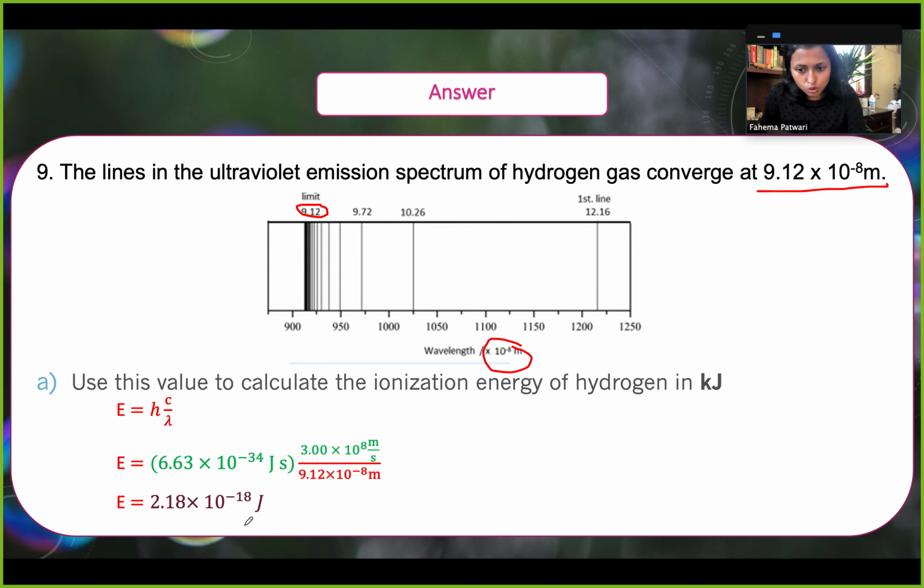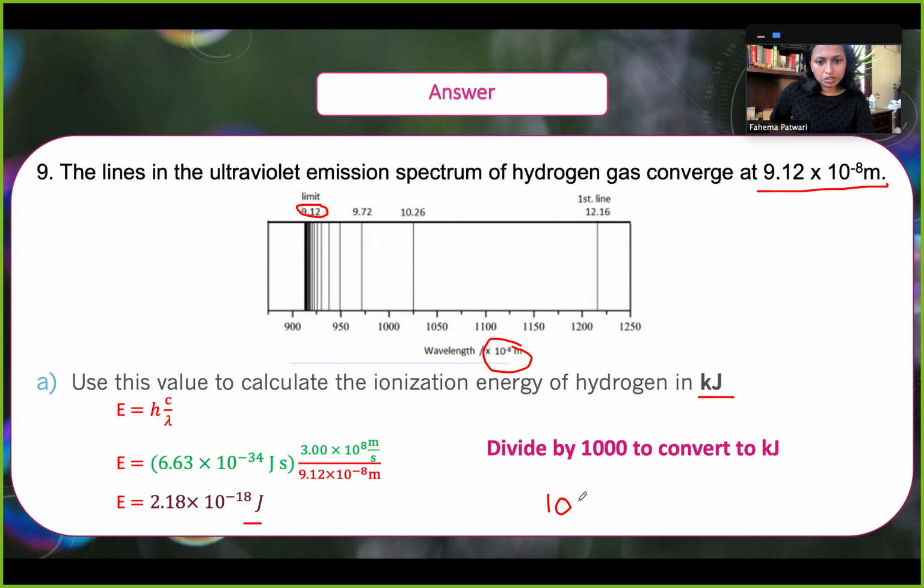But this is in joules, right? That's how many joules. Joules is a unit. It's asking in kilojoules. So you just take that and divide it by 1,000 to convert to kilojoules. That's like saying I've got 1,020 meters. How many kilometers is that?